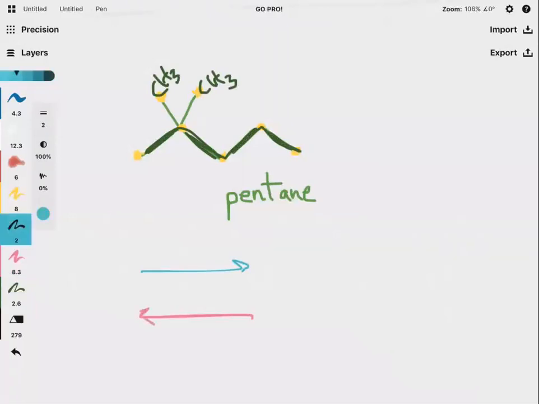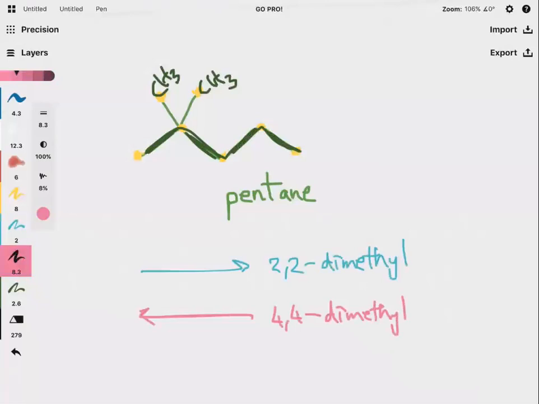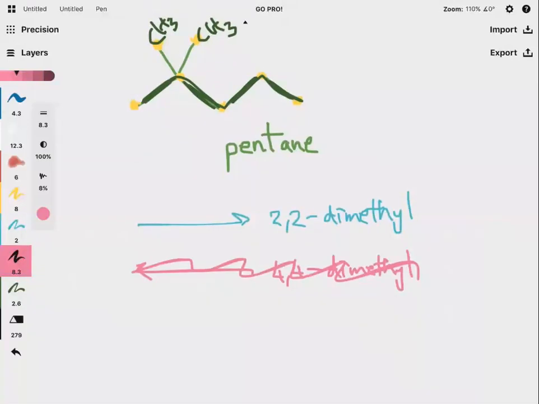If I go left to right, my 2 methyls are going to be at carbon 2, so I'm going to have to write 2,2-dimethyl. Had I gone from right to left, my carbons would have been at the 4 position, so it would have been 4,4-dimethyl. So what's a better lower numbering sequence? Obviously the 2,2, not the 4,4. So we're going to be naming it from left to right. So the name of this compound would be 2,2-dimethylpentane.